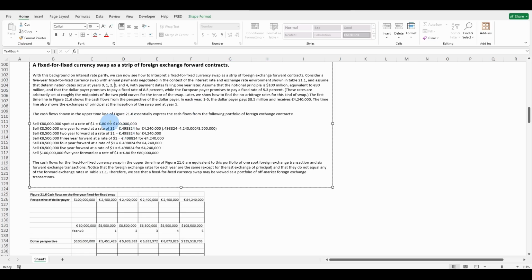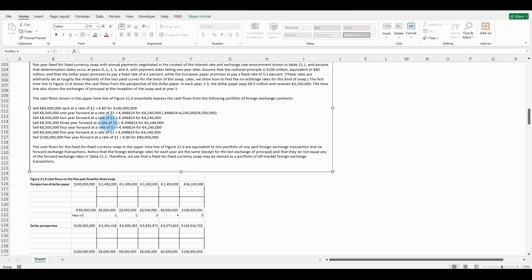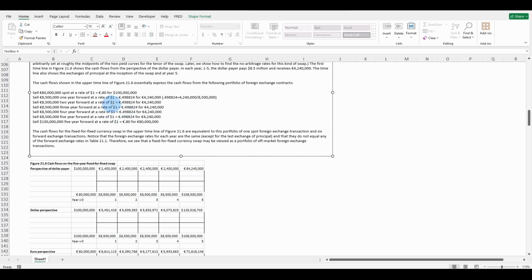The cash flows shown in the upper timeline of figure 21.6 essentially express the cash flows from the following portfolio of foreign exchange contracts. So we're going to sell 80 million euro spot at a rate of 1 to 0.8 for 100 million.